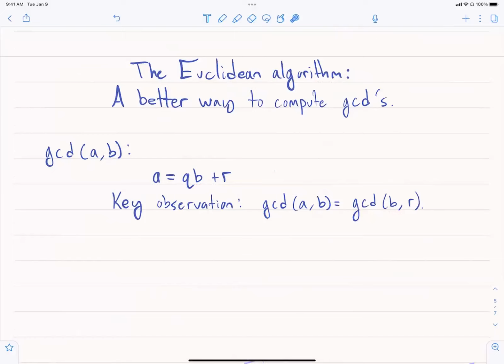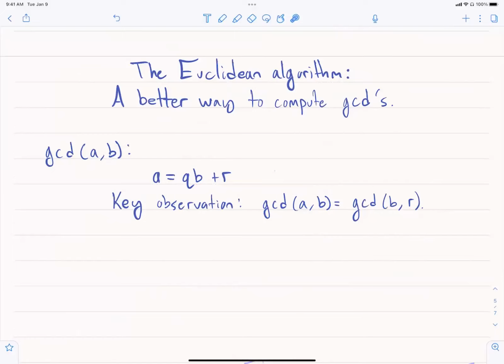I'll explain that in a second, but the reason it's helpful is that R is smaller than A, if I assume A is greater than B anyway. So this gives you a way to take the GCD of two big numbers and replace it with the GCD of two numbers where one of them is smaller.